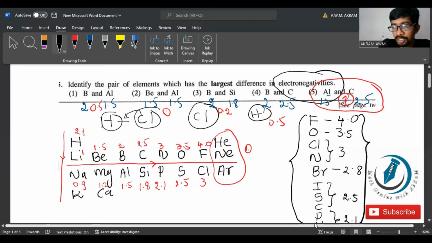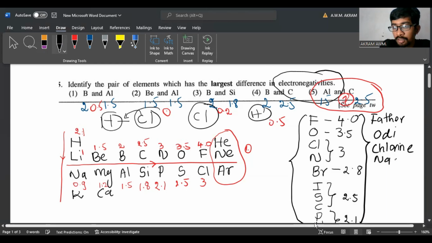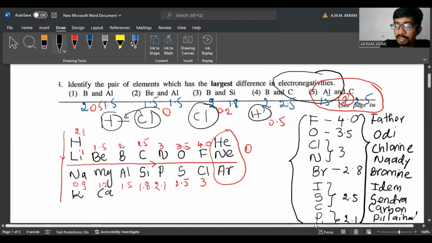You can remember this order: fluorine, oxygen, Cl, nitrogen, bromine, iodine, sulfur, carbon, phosphorus, and hydrogen.